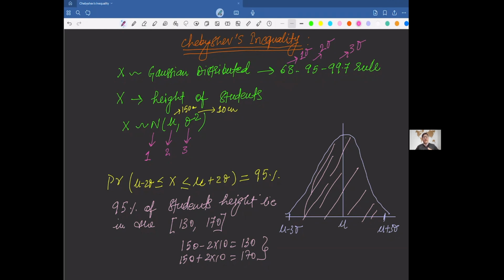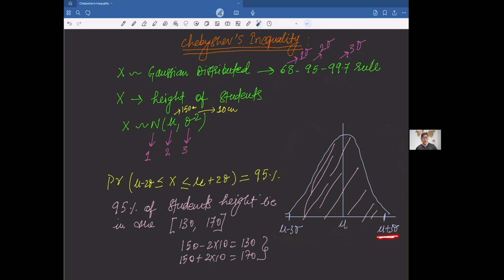That means around this mean, 99.7% of the data lies. Let's suppose this is my Gaussian distribution, this is my mean, this is mu minus 3 standard deviation and this is mu plus 3 standard deviation.